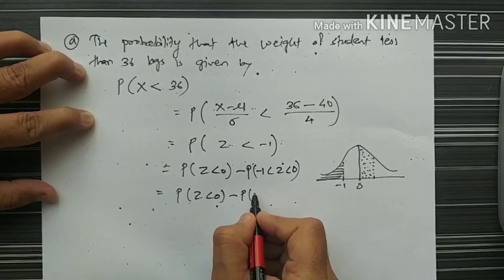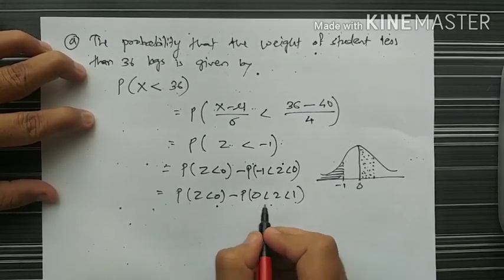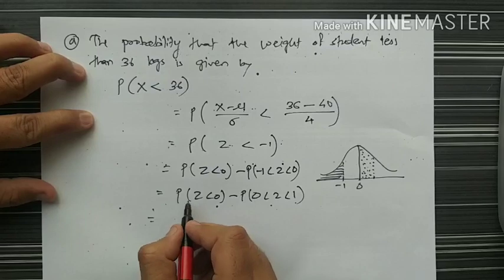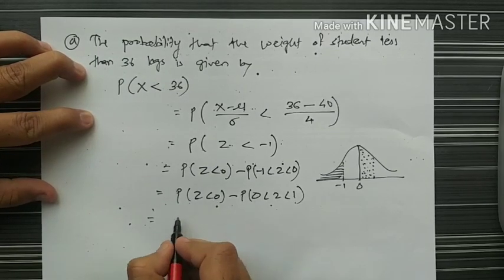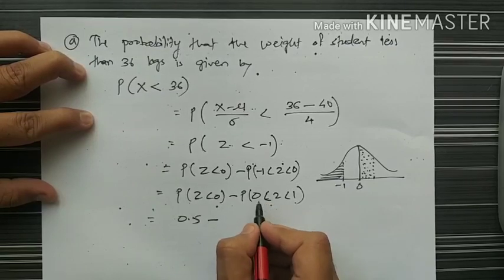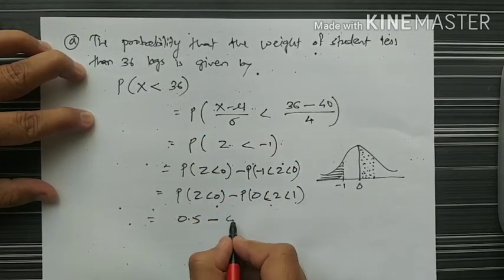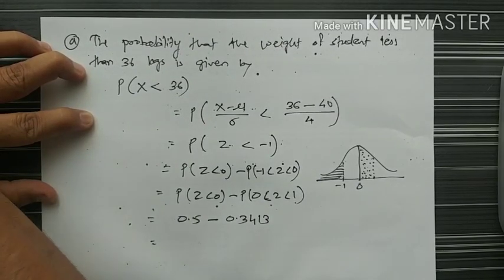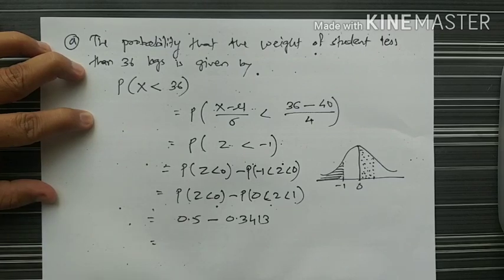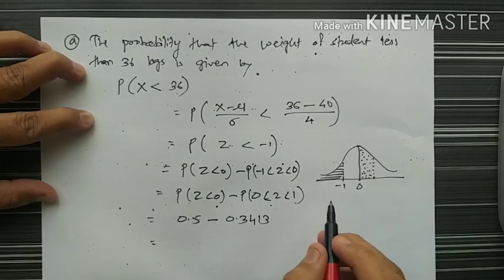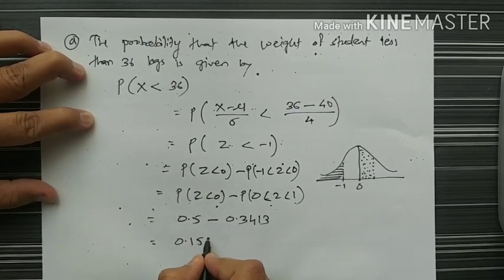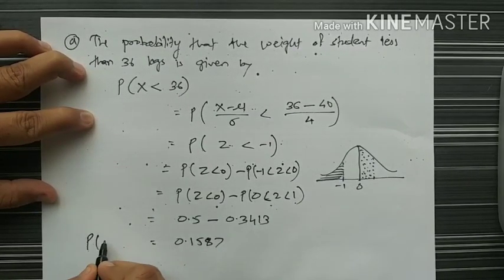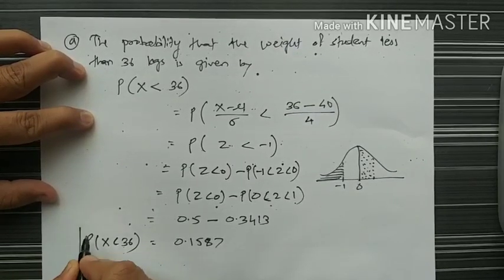So it is 0.5 minus 0.3413, which by calculation gives the area less than minus 1 as 0.1587.